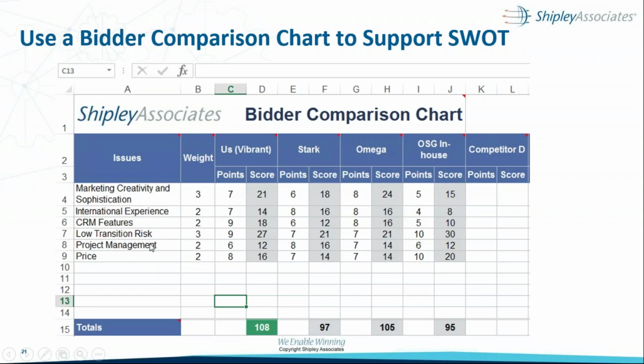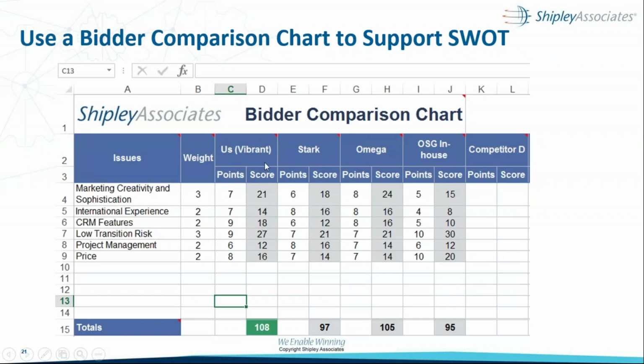We could go as detailed as requirements if we want. Then this tool allows us to weight them and say, well, the customer thinks that marketing creativity is more important than international experience. Well, then let's weight that a little bit higher because we're doing a scoring exercise here.